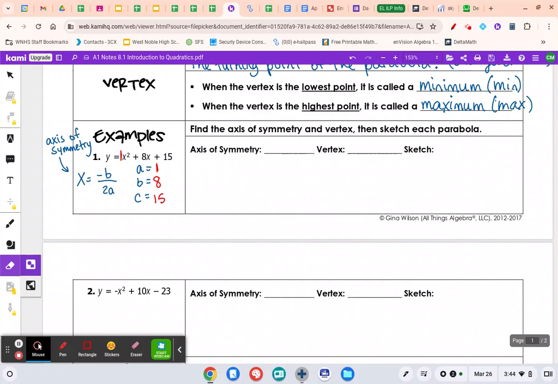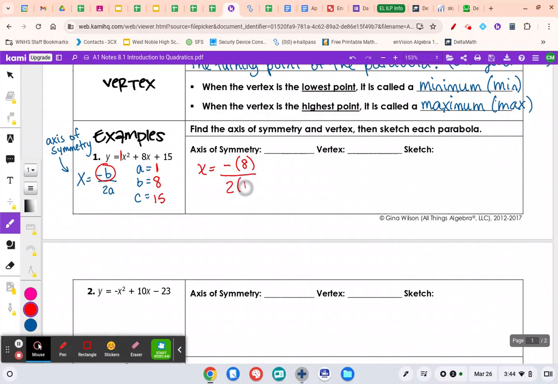Okay, so now that I have my formula written out, A, B, and C, so x equals negative b, so negative 8 over 2 times 1.